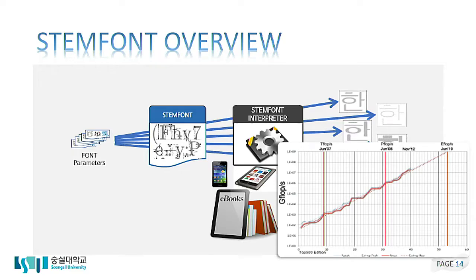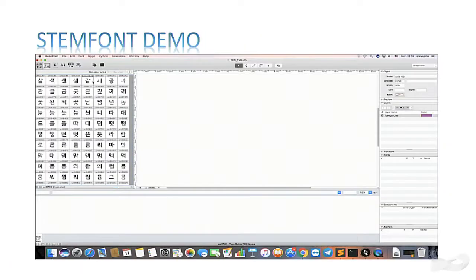That means that compared to when Metafont was defined, the computing power is more than 1 million times, I mean 10 to the 9th power maybe, much faster than before. So computing power is fast enough to develop this kind of thing.